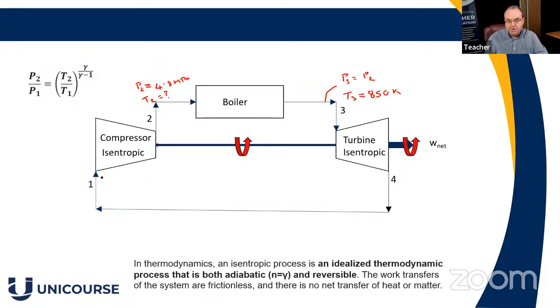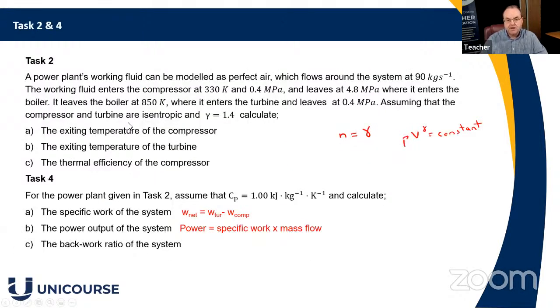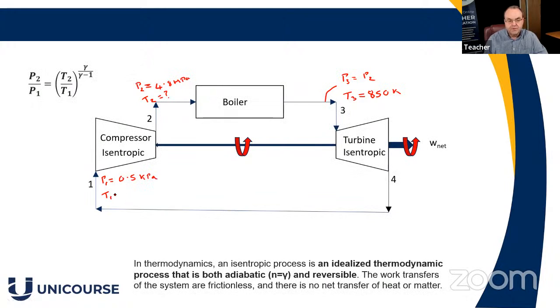We also know P1. P1 is 0.5 kilopascals. And we have T1, and T1, just go back, always keep going back, is 330. Oh, anybody spotted my deliberate mistake there?